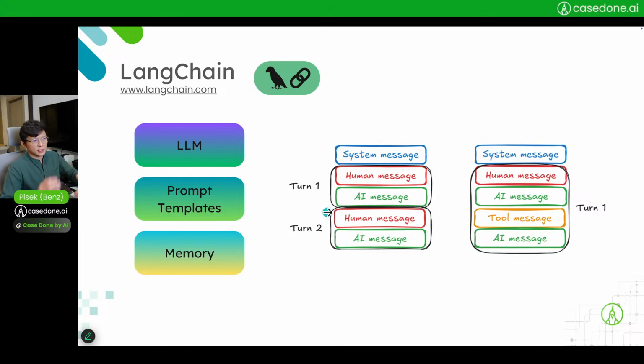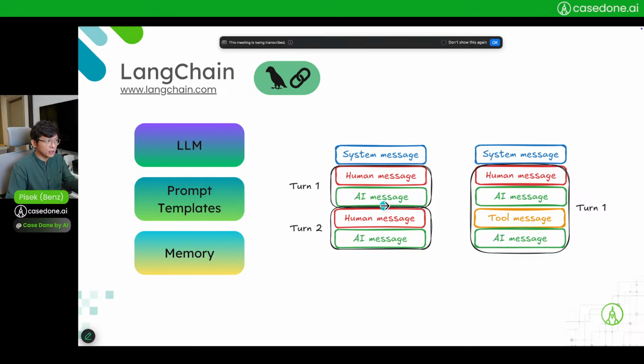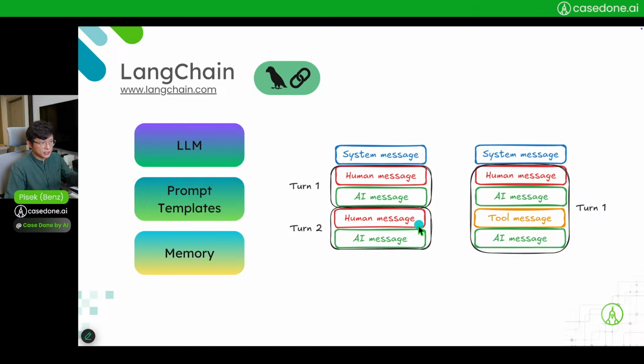Now, in terms of the turns of conversation, there are right now two main types. The first one is very straightforward. Human message, the AI knows what to respond and replies back, and then the human starts a new message again, and the AI replies. The second one involves tools. This is getting a little bit into agents now.